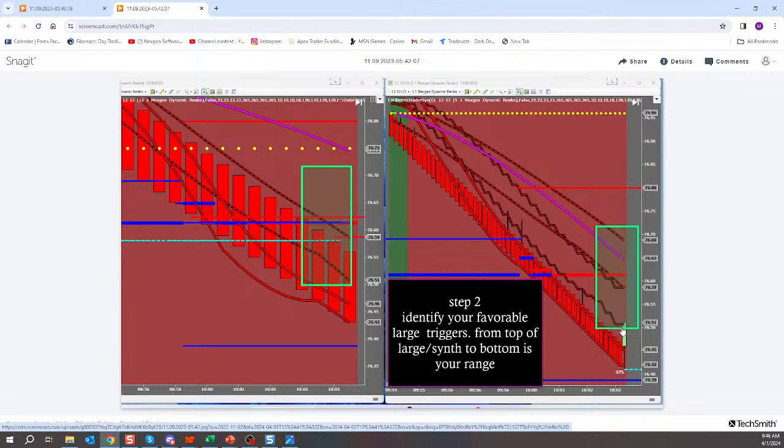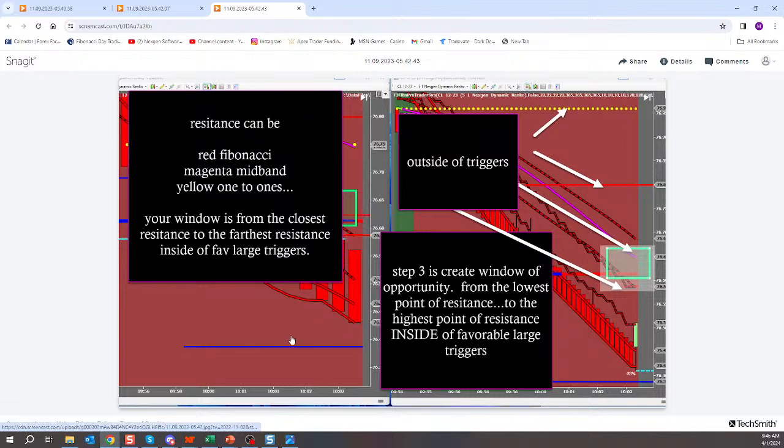I'm not trading a collision with the triggers. I'm going to give the market something to bounce off of, and those are the areas inside of favorable large triggers. Use the language. So step 3 is to create a window of opportunity from the lowest point of resistance to the highest point of resistance inside of favorable large triggers. The lowest point can be red Fibonacci resistance, a magenta midband, or yellow 1-to-1s.